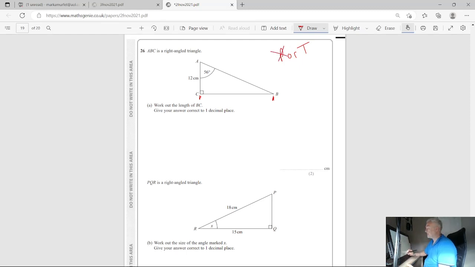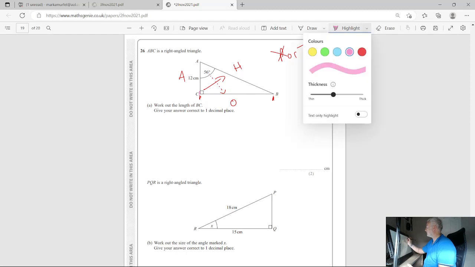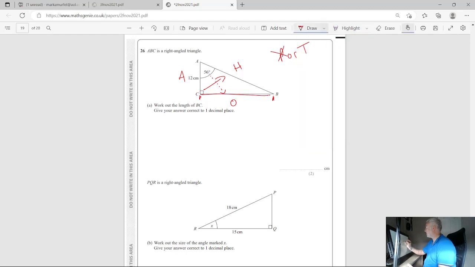It's got to be trigonometry. So what do I know? That's my hypotenuse. They give me this angle, so that's my opposite. So this must be my adjacent. What do they want me to find? They want me to find this measurement here, which is B to C.